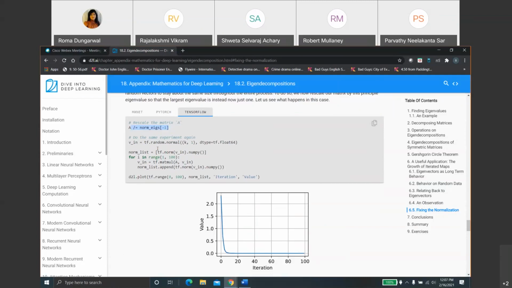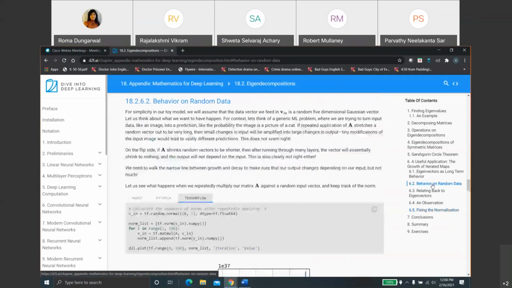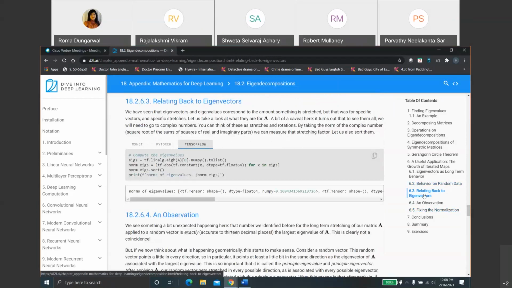So what is a principal eigenvalue? Principal eigenvalue is the largest eigenvalue of the matrix. How do you find the eigenvalue of a matrix?